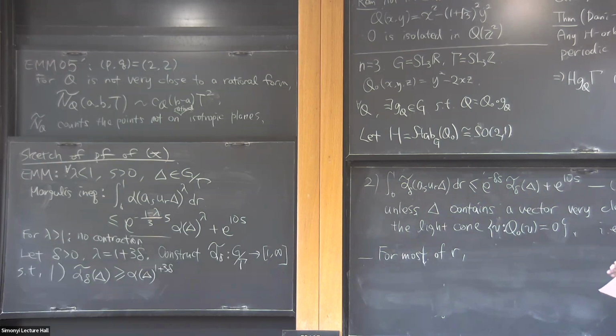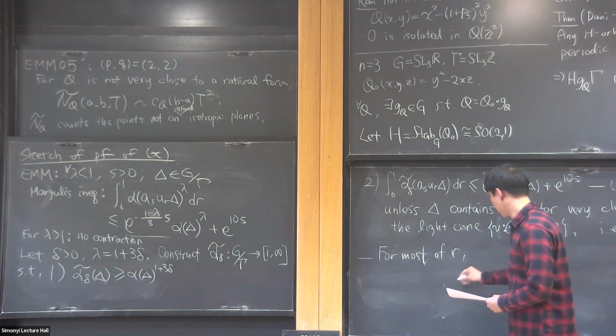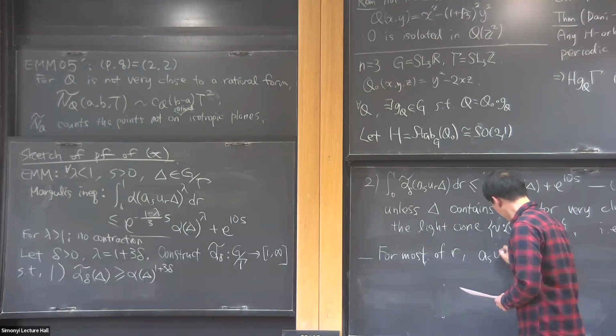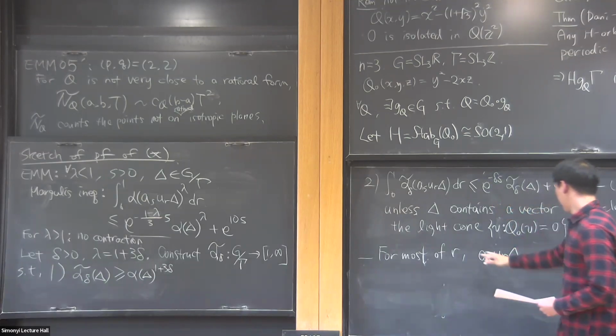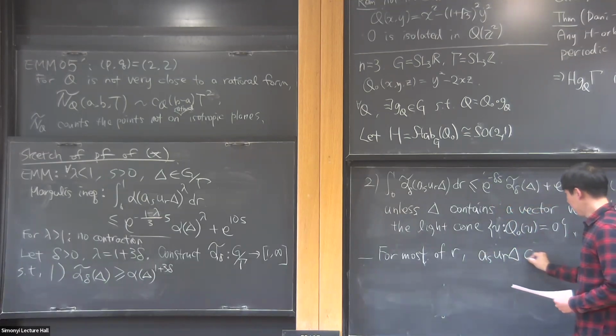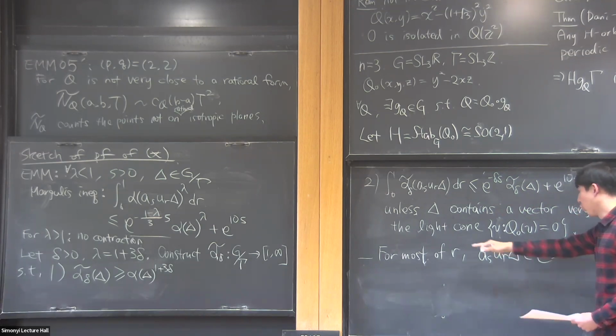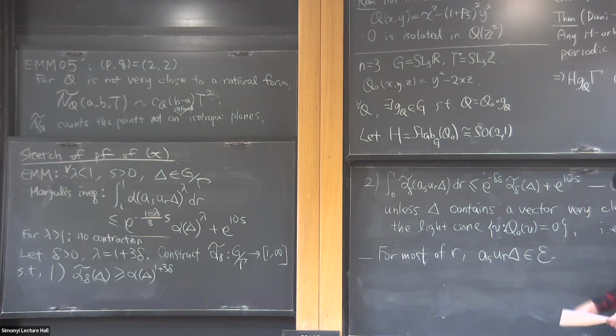It means that we should also need some control for the exceptional set, in the sense that if you look at a long unipotent trajectory, then only a small portion of r, in a quantitative sense, can be contained in this exceptional set. This is borrowed from the effective avoidance principle.